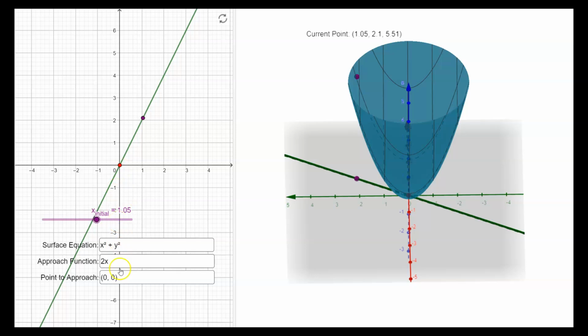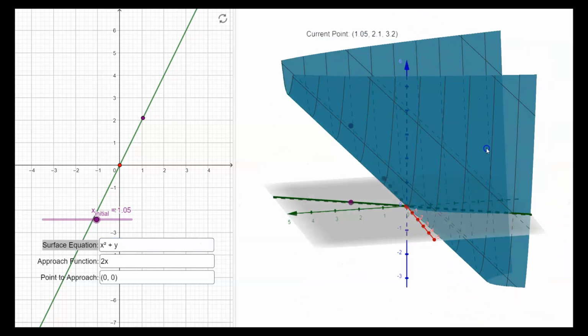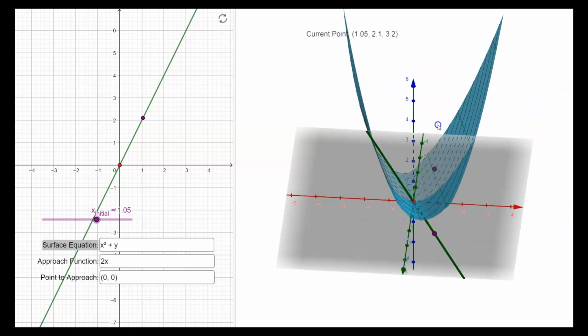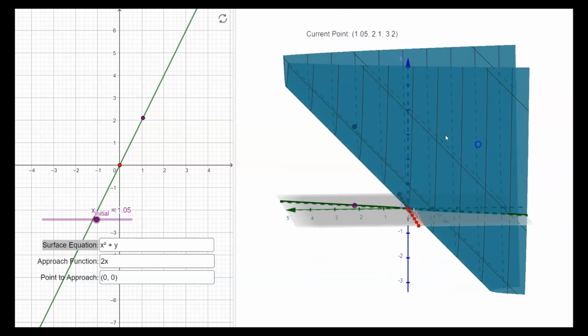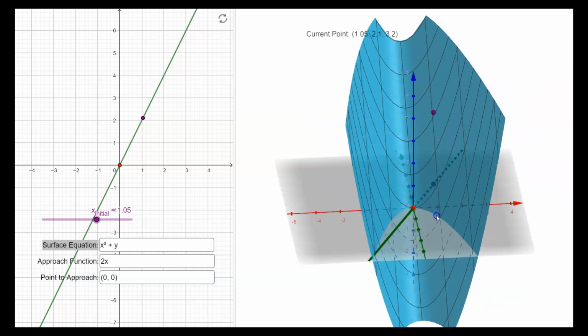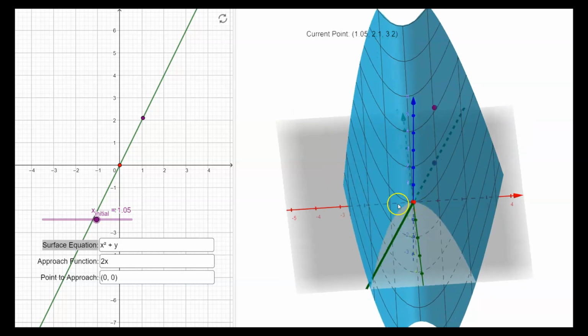So there are three things to specify. One of them, I'm going to turn this into a different function. Right now we're looking at the default plot of x squared plus y squared. I'm going to change this to x squared plus y. Okay, so there we have these fun-looking parabolic cross-sections from one direction, linear functions from the other, and we want to see, for instance, does the limit exist at the point 0, 0?